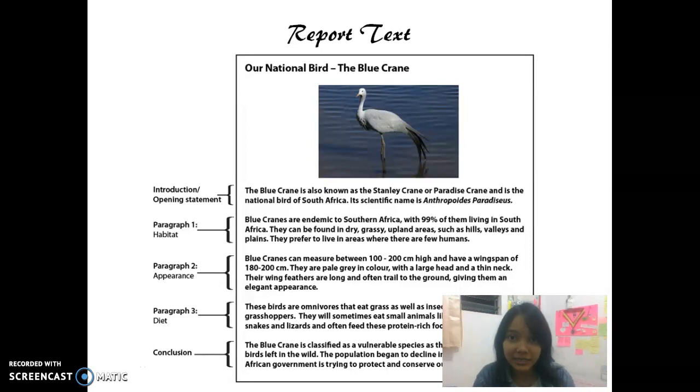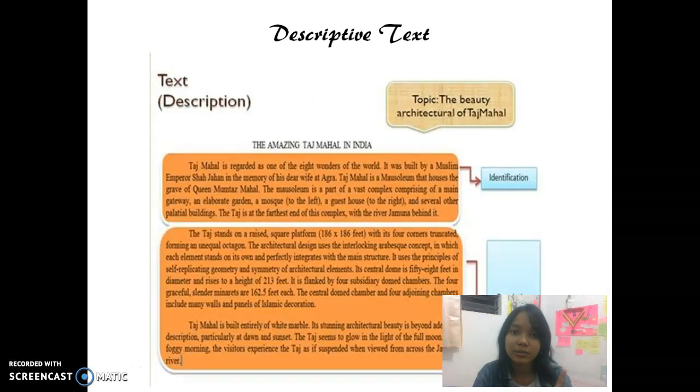In descriptive text, the title is different from the report text. The report text mentions the thing without an adjective, but in descriptive text, it is followed by an adjective: The Amazing Taj Mahal in India.